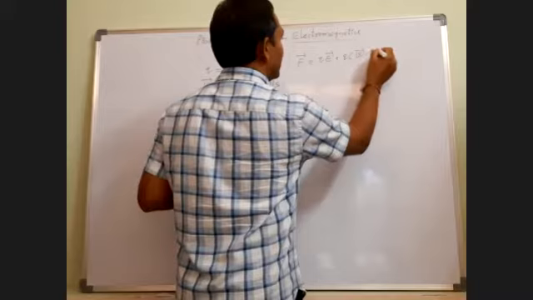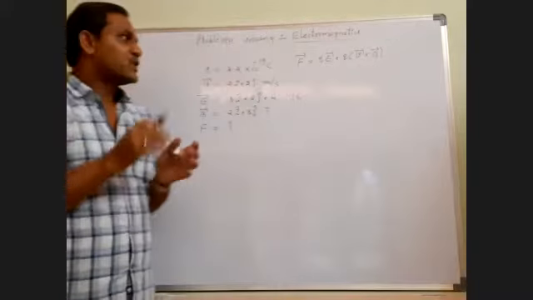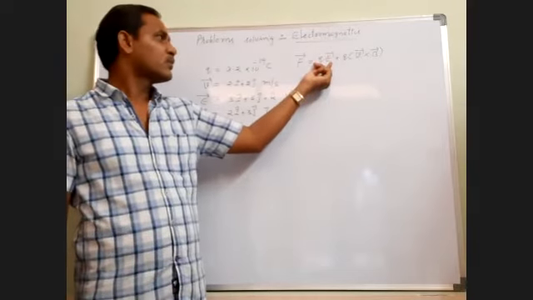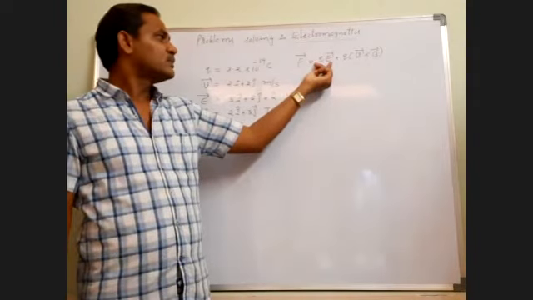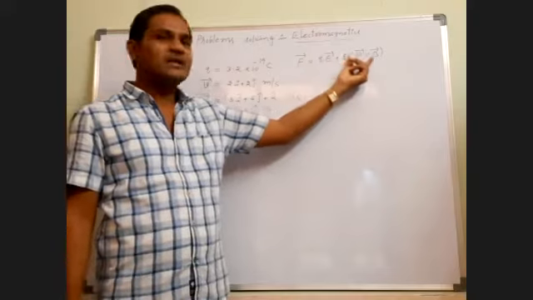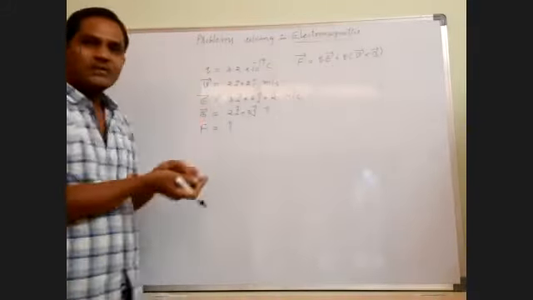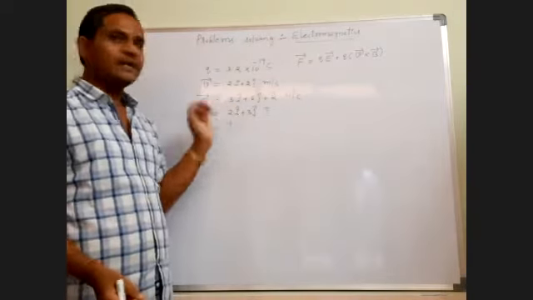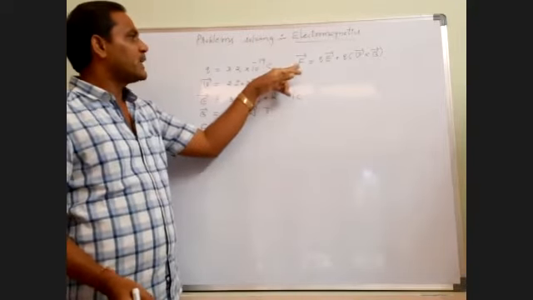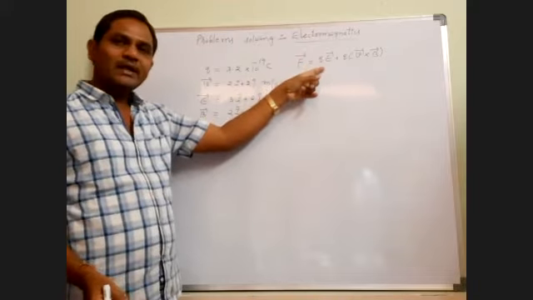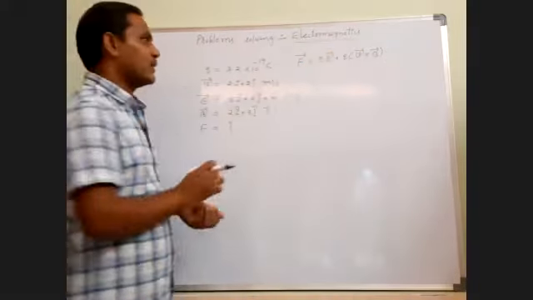The first term represents the force experienced due to the electric field, and the second term represents the force due to the magnetic field. Since we are applying both fields at a time, the total force acting on the charged particle equals the force due to the electric field plus the force due to the magnetic field.